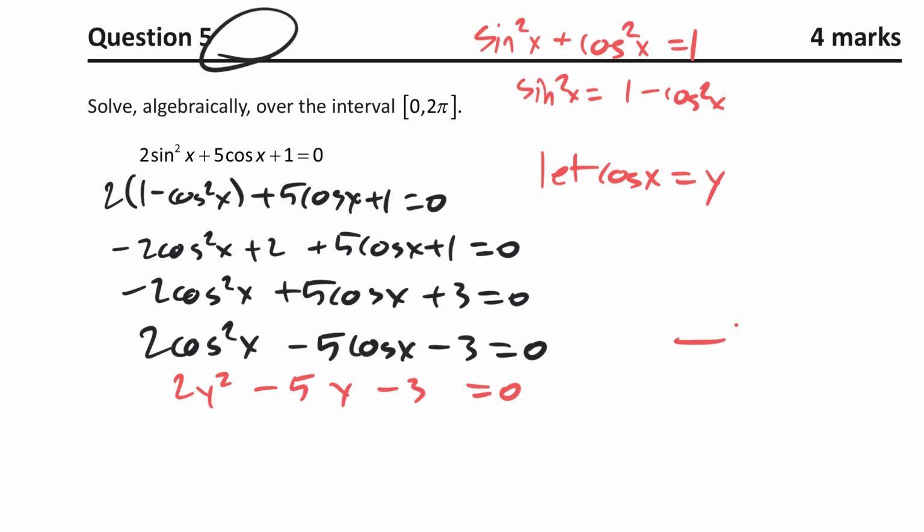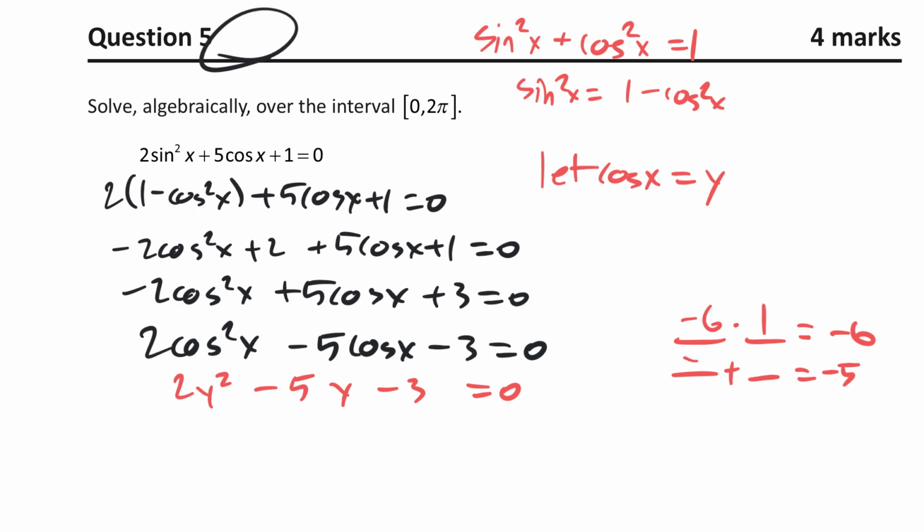So we're looking for two numbers that multiply to give negative, well, 2 times 3 is 6, and add to give negative 5. So I'm thinking negative 2, negative 3. No, that's not going to multiply to negative 6. Maybe 6 as a negative and 1 as a positive.